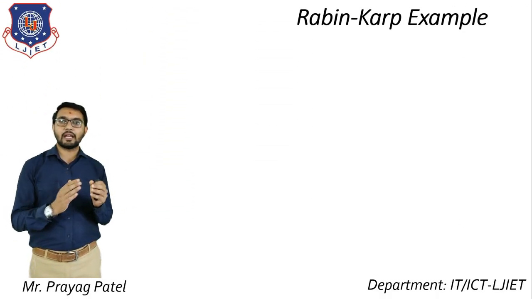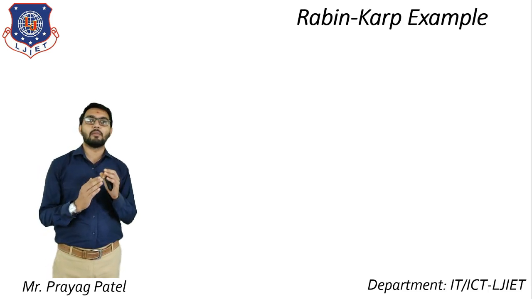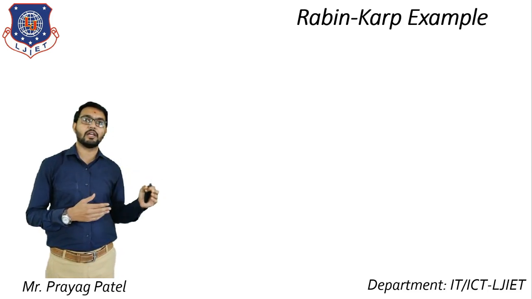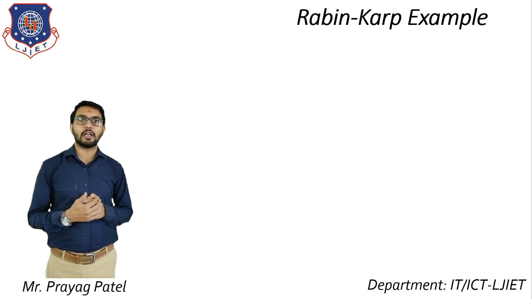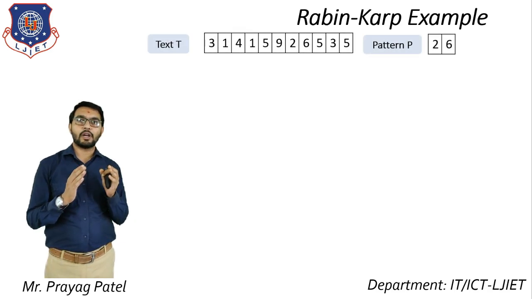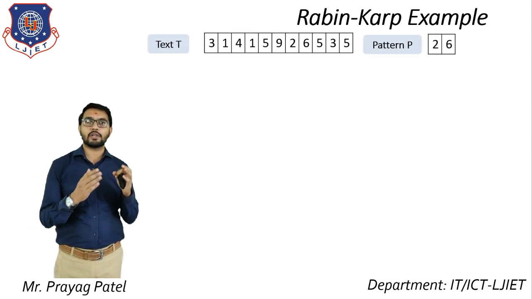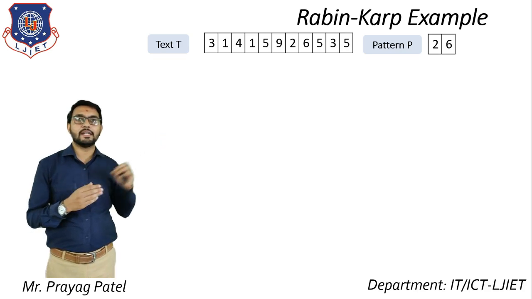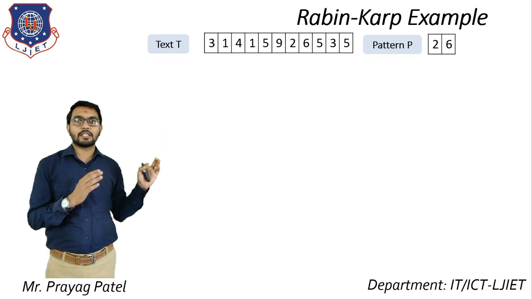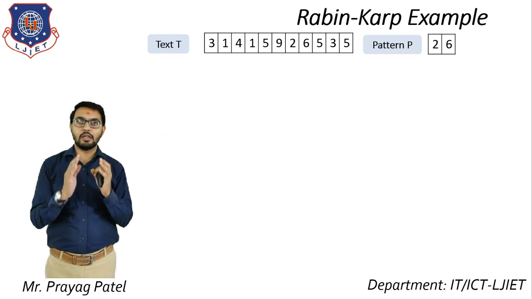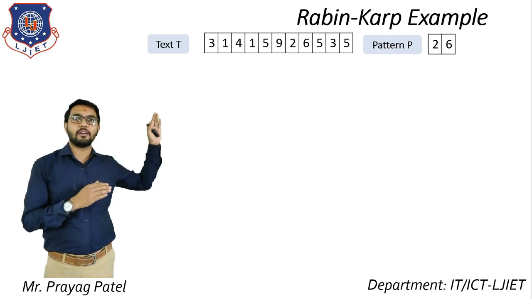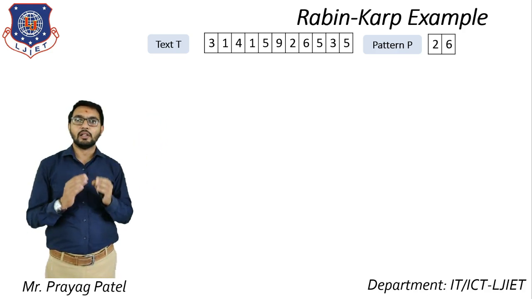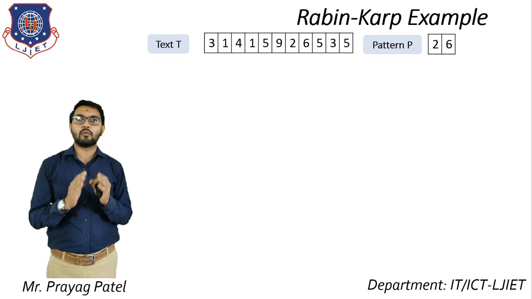Now consider the second method of the string matching algorithm. The second method is the Rabin-Karp string matching algorithm. For understanding this example, first we understand the given data in the form of digits or numbers. Here the given data is in d digits, so as the data is a decimal number, the value of d is equal to 10.